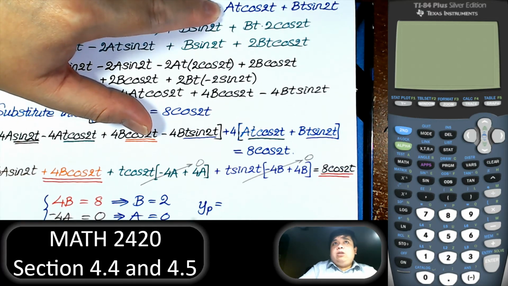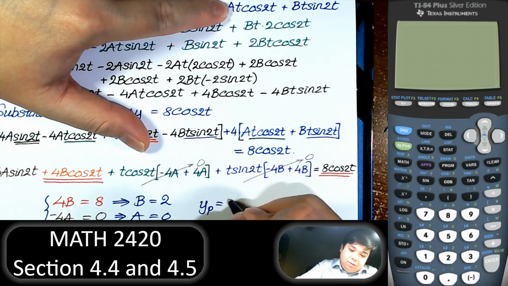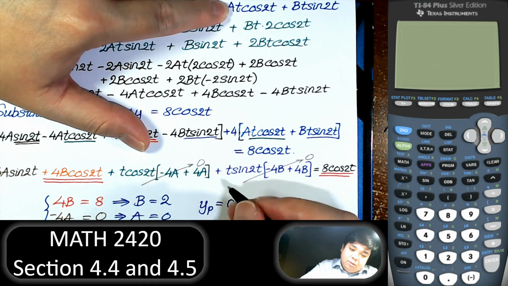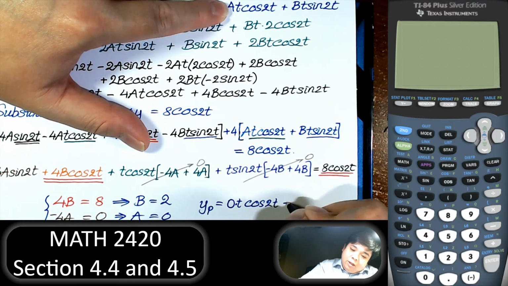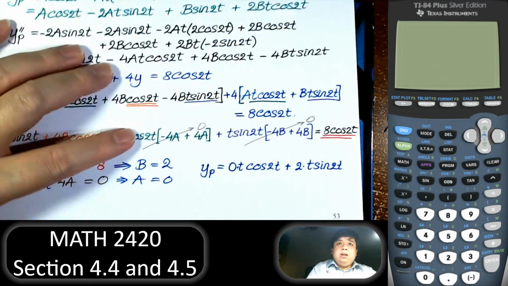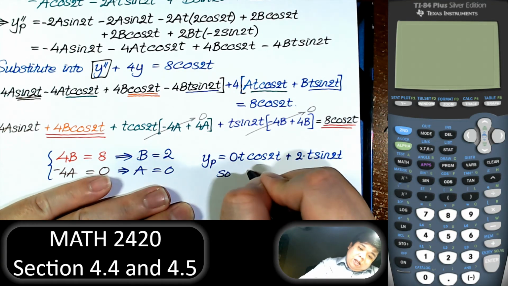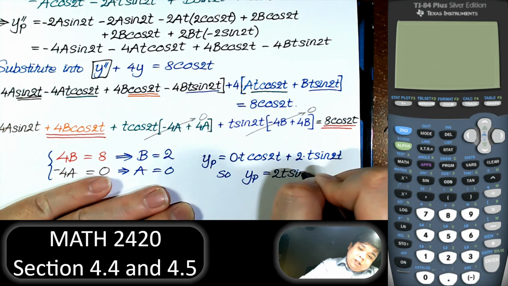and our particular solution is of the form at cosine 2t, so a is 0, plus 2 times t sine of 2t. So particular solution is equal to 2t sine of 2t.